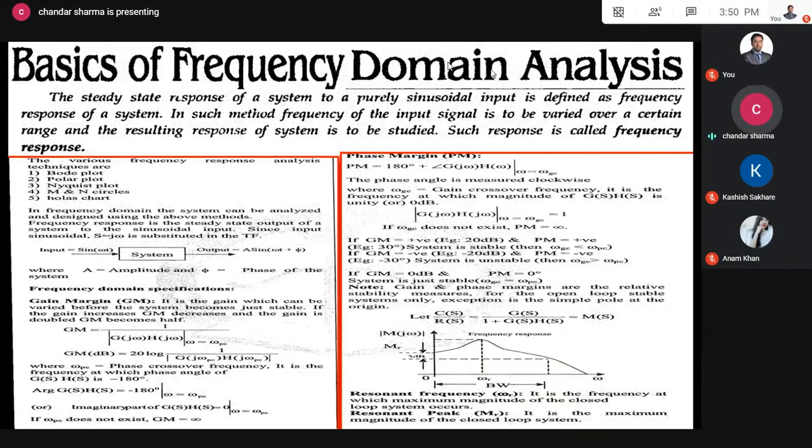Then the next is, up till now we have studied the transient or time response. Now we have to see the frequency response. This is the frequency response.